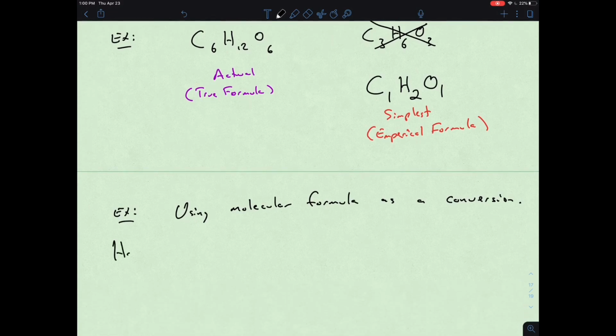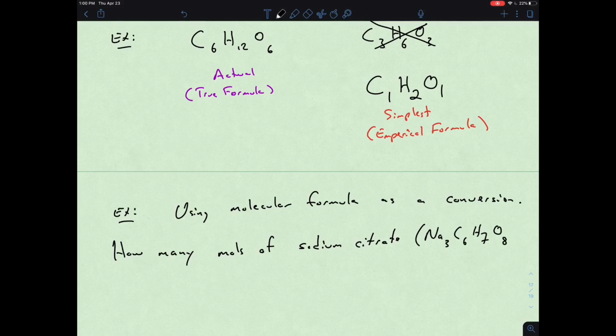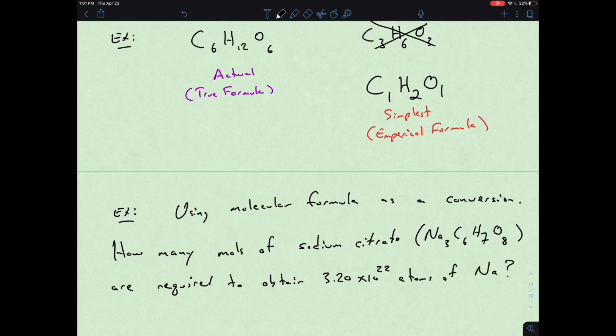So in an example here, we could say how many moles of sodium citrate, which has this formula: 3 sodiums, 6 carbons, 7 hydrogens, and 8 oxygens, are required to obtain 3.20 times 10 to the 22nd atoms of sodium.